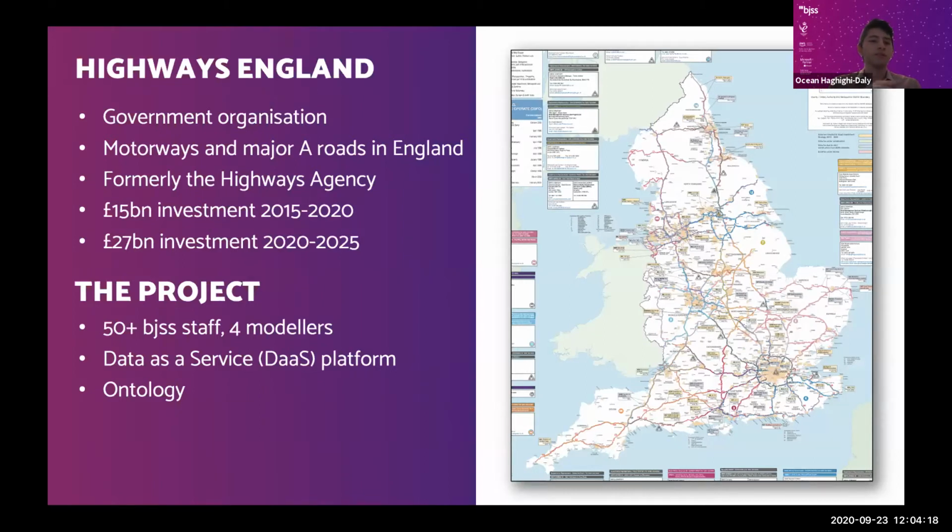So lots of the teams are very siloed, and it means that the data that those teams hold is also siloed, not only within the teams, but between different business areas. So the idea of a data as a service platform is to consolidate and bring all of that data into one place to try and link up data in different ways, reduce the duplication of data, reduce the duplication of effort to analyze the data, and to basically get more value out of the data. So that's what the data as a service platform is supposed to do, and the ontology is supposed to help with that. And I'll talk about why now.